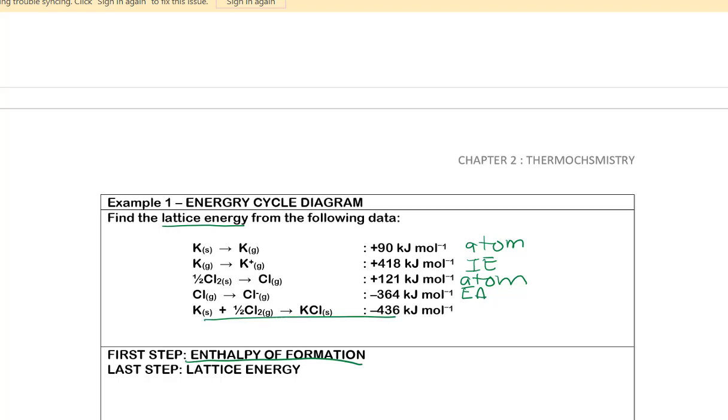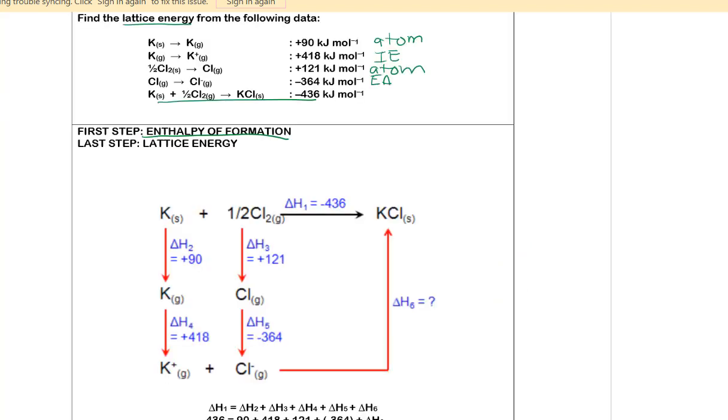So when we want to construct Born-Haber cycle, energy level diagram or energy cycle diagram, we must start with formation. Okay, we start off with formation first, and then we include the value delta H for formation.